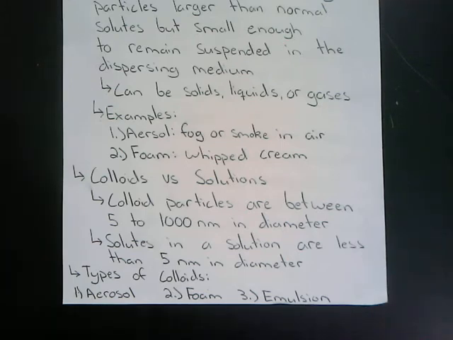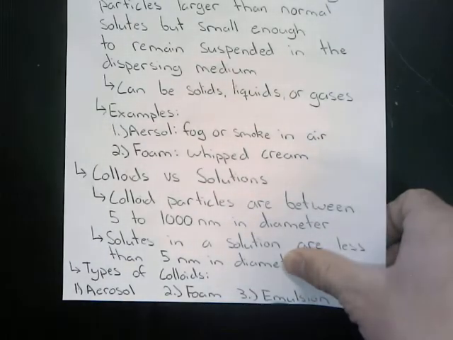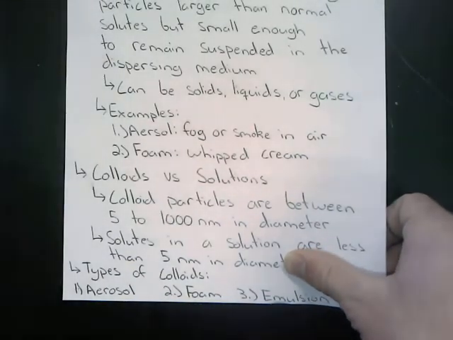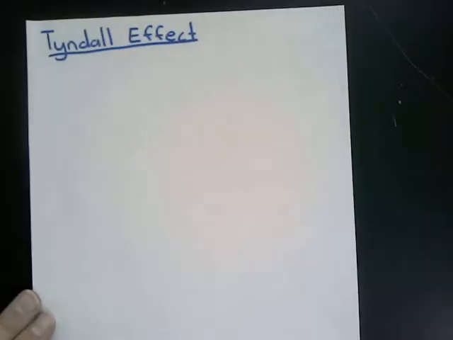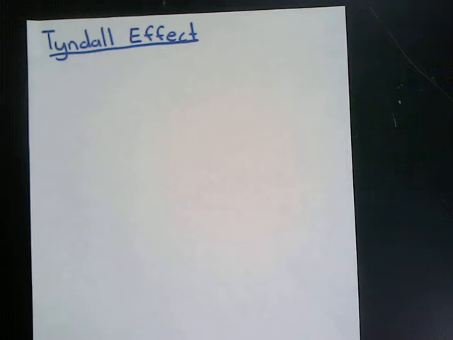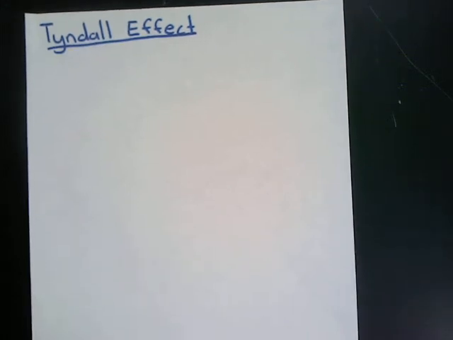What I want to talk about now is a certain type of property that occurs with our colloids. This property is known as the Tyndall Effect. The Tyndall Effect is defined as the ability of a colloidal particle to scatter light.